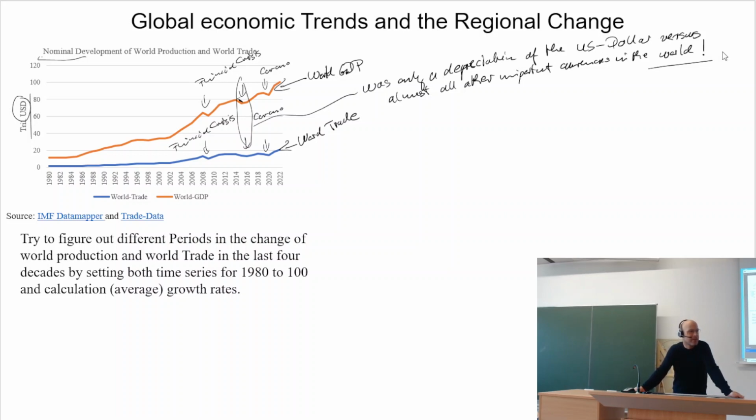Well, but if you remember my macro course, it is always the case if you look at the development of free floating currencies in a perspective of decades, that you always can have a volatility of 10, 20, or 30 percentage points between the currencies.